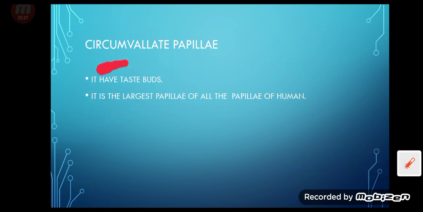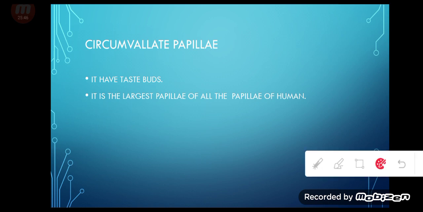Next one is circumvallate papillae. It has taste buds. It is the largest papilla of all the papillae in humans. What is the largest one? Circumvallate. What is the most abundant one? Filiform. Taste buds are present on fungiform papilla and circumvallate papillae.